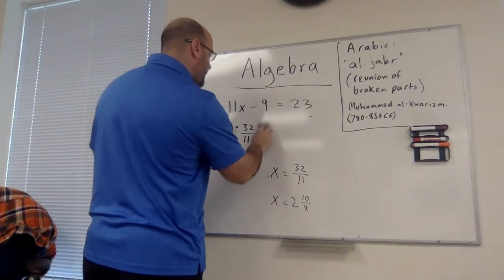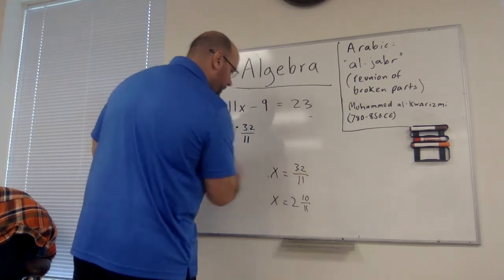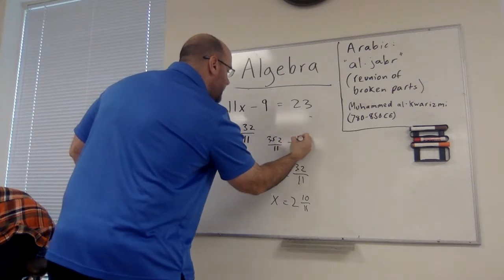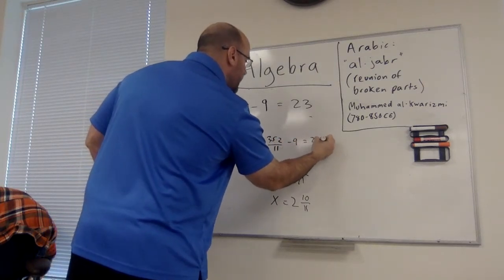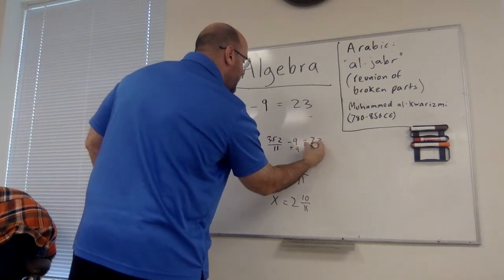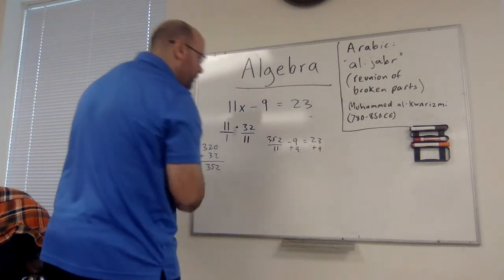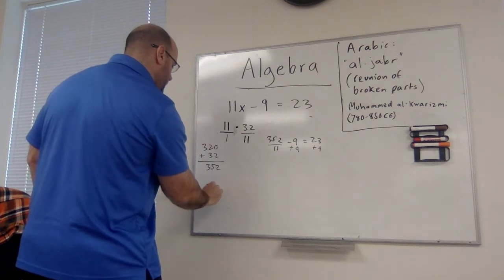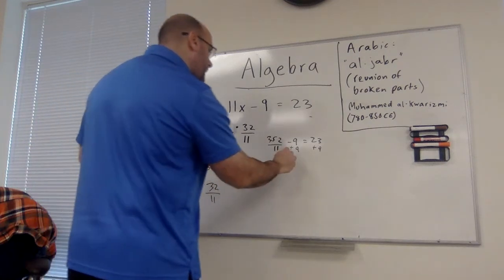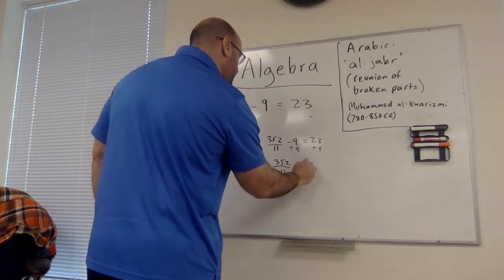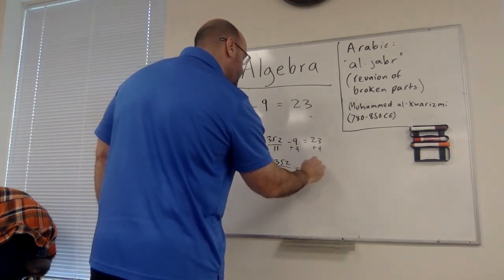Get my eraser. So I have 352 over 11 minus 9 equals 23. Add the 9. Now I have 352 over 11 equals 32.